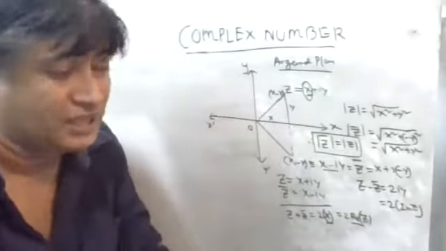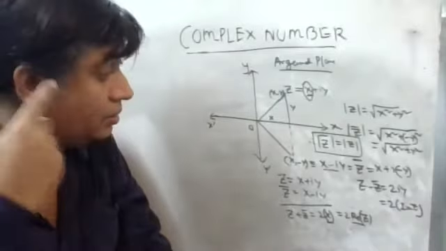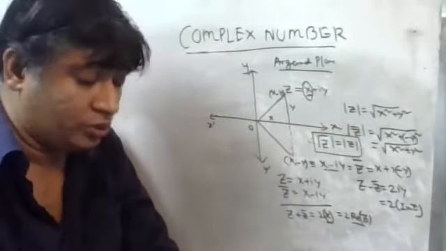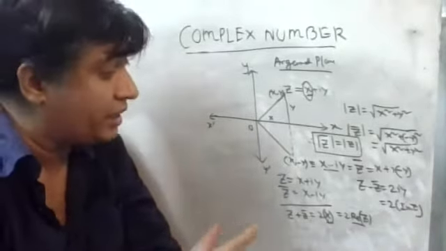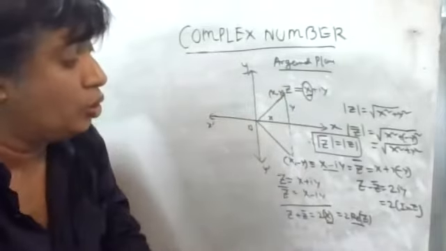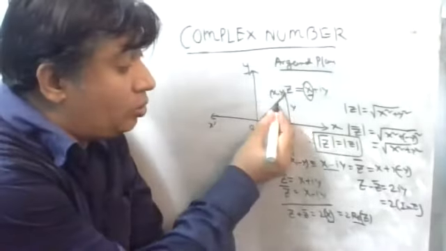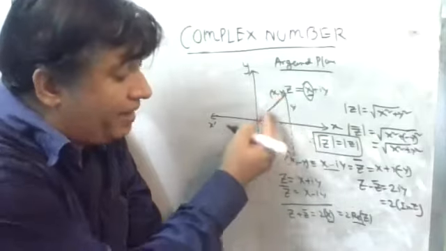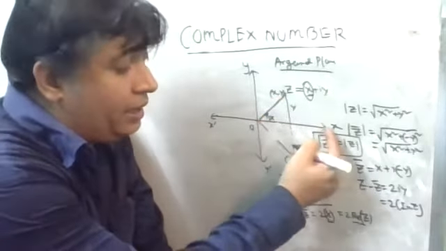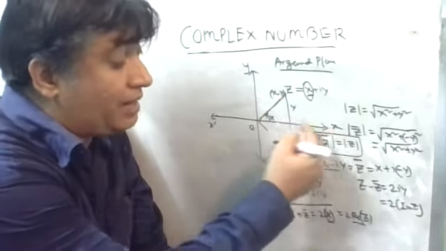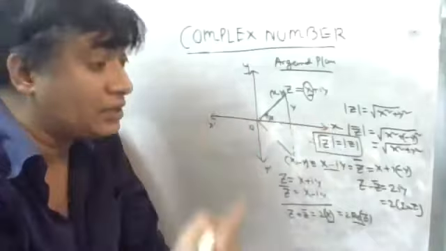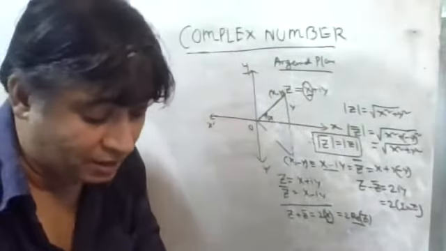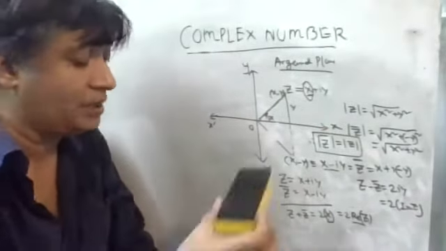What other form is there? Now I will introduce a new form which actually includes the radius and the angle made by the radius with the horizontal axis, the positive direction of the x-axis. That is called the polar form of a complex number. Polar form. I'm wrapping this part.